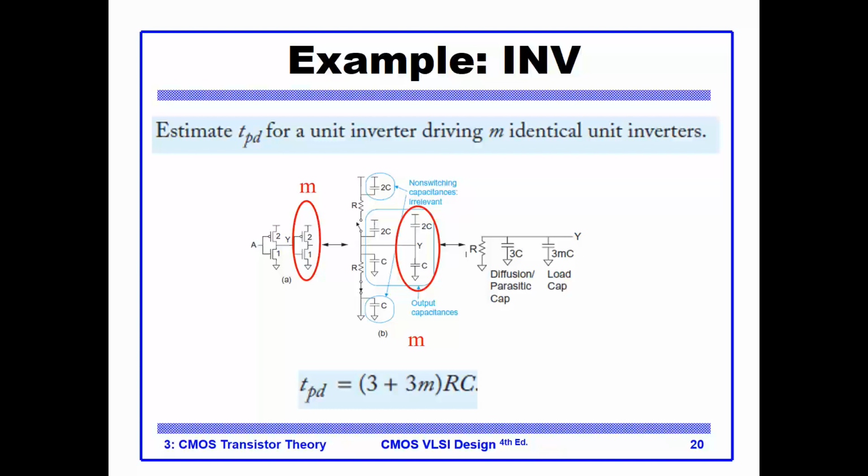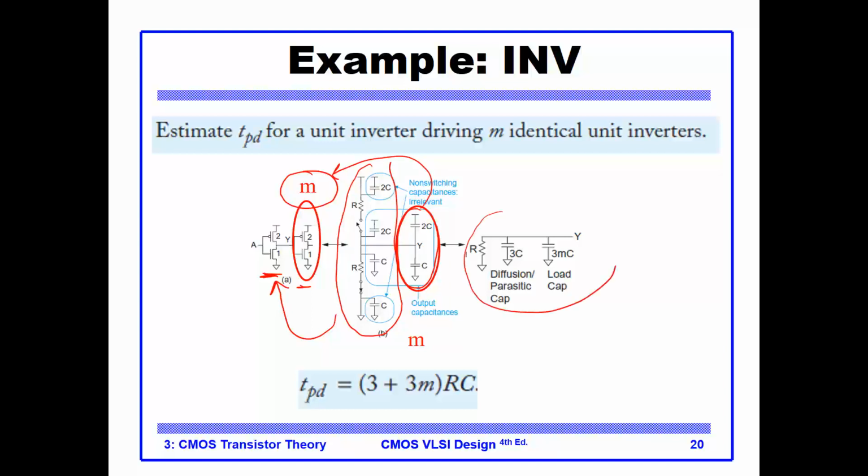Suppose now, with this in mind, I have a single inverter, and it is driving not just one but M of those inverters. If that is the case, I'm going to use the same network for the first one, but for the gate delay I have to multiply by M. That's why you can see the same RC network we used, except this M popped in here.